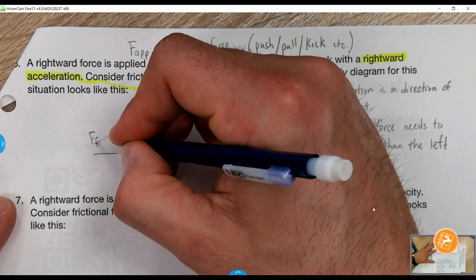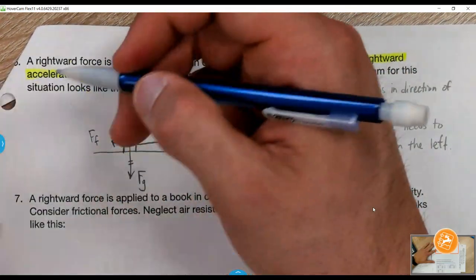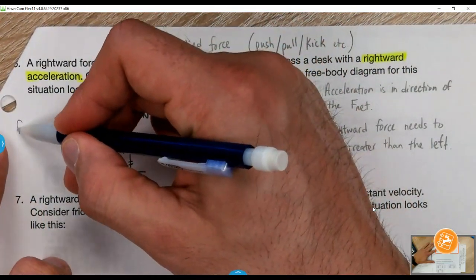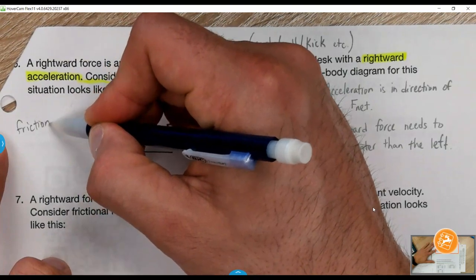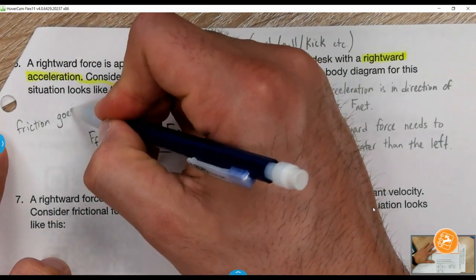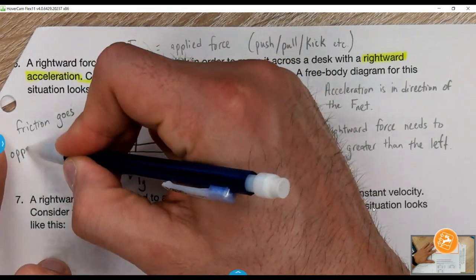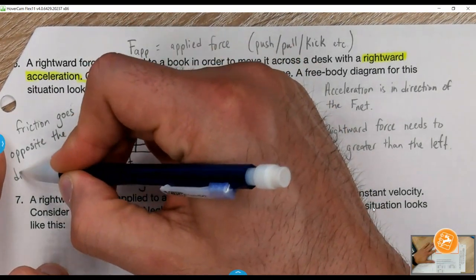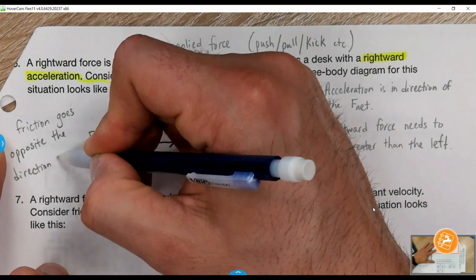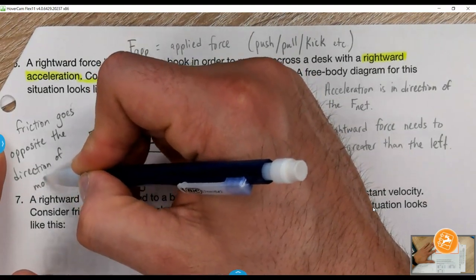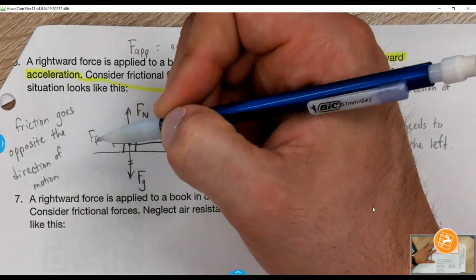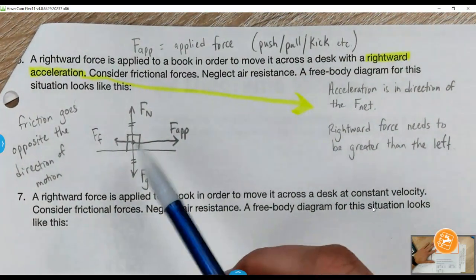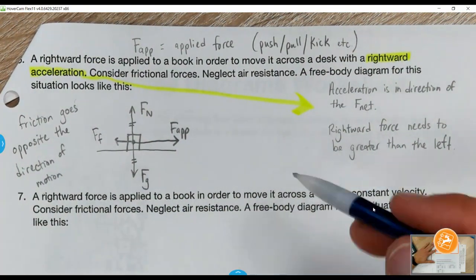That's F lowercase f. Friction goes opposite the direction of motion. So if this thing is moving to the right, friction would be going to the left.